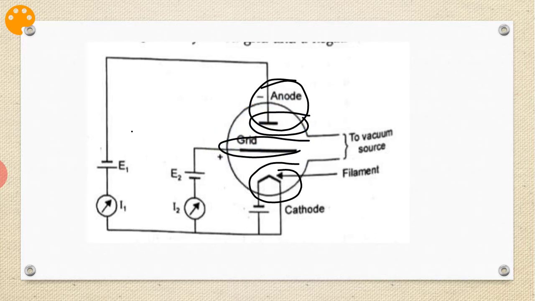This is a grid, which is connected positively to the battery E2. And this is the inlet, through which the gas of unknown pressure to be found is sent.